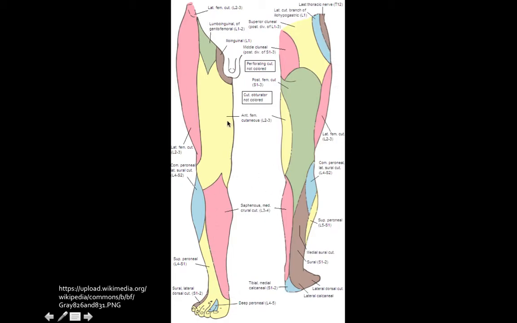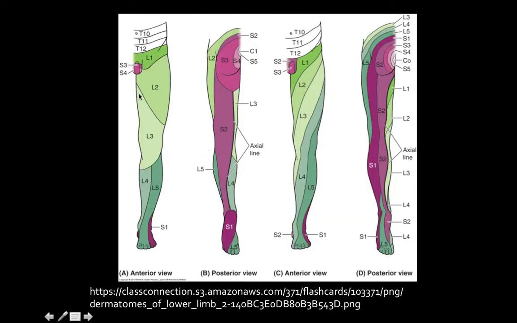So again, right here, say if this is cut in surgery or something else, then this particular pattern of numbness or loss of sensation would occur, whereas if we had an L3 injury, it would be similar, but not exactly the same. Okay. All right.